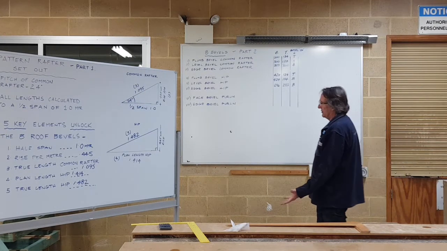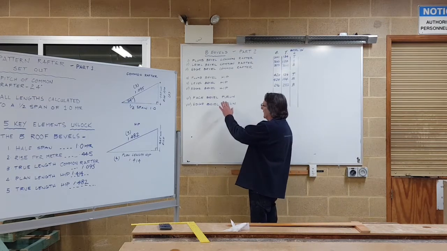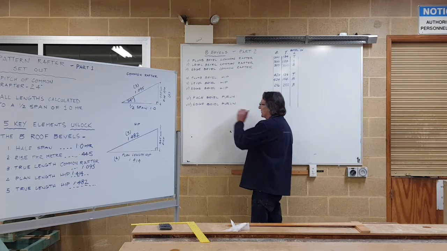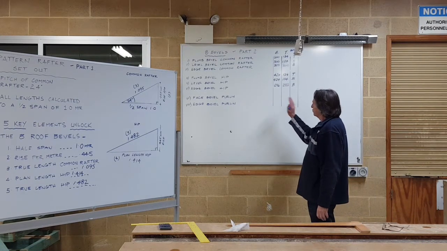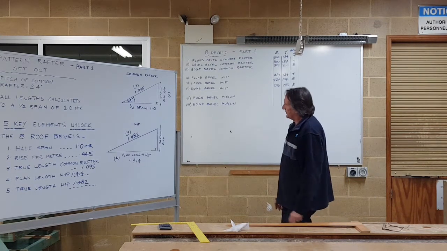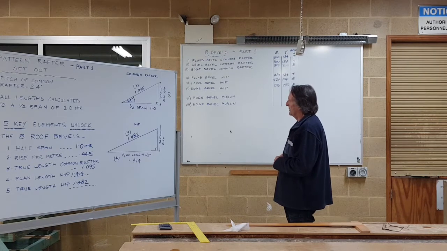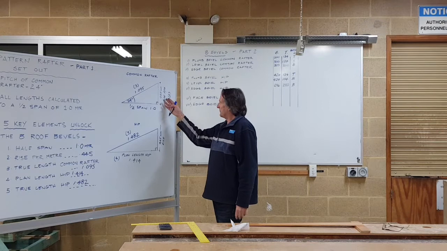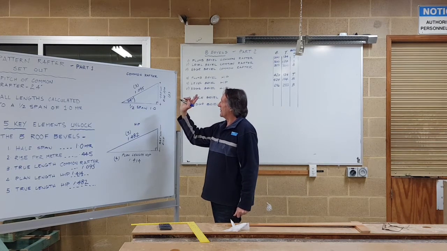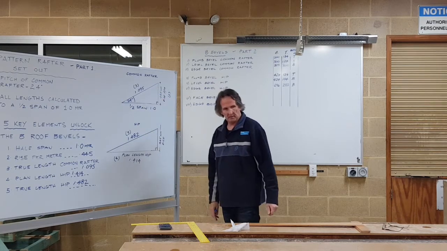So the last two that we have to do are face bevel purlin and edge bevel purlin. The two components for the face bevel purlin are the rise per metre common rafter and true length per metre common rafter.